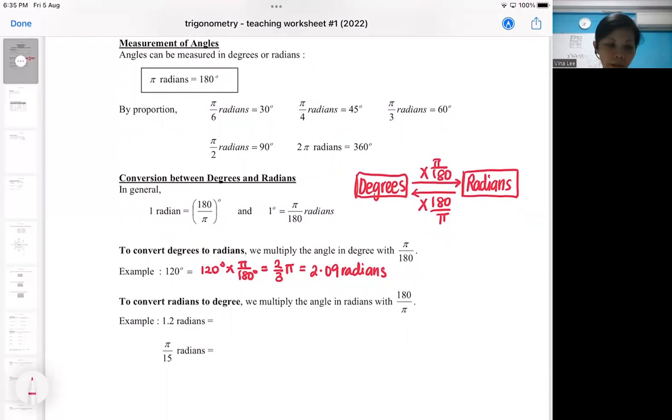If I want to convert radian back to degree, I will multiply by 180 over pi, and for degrees, give it to 1 dp.